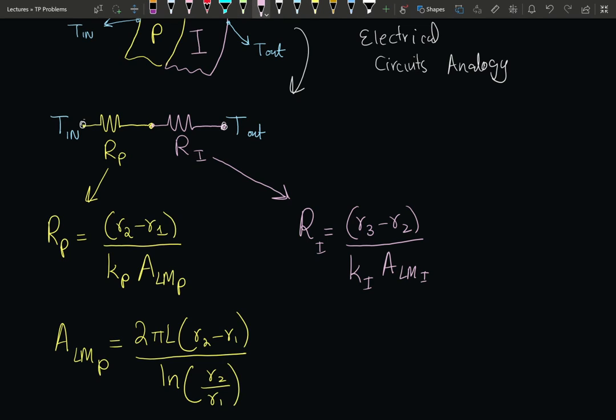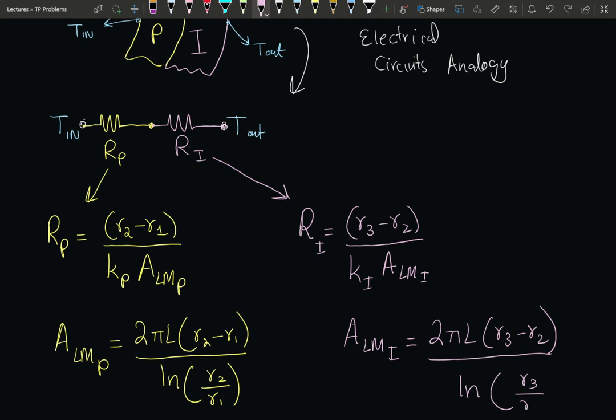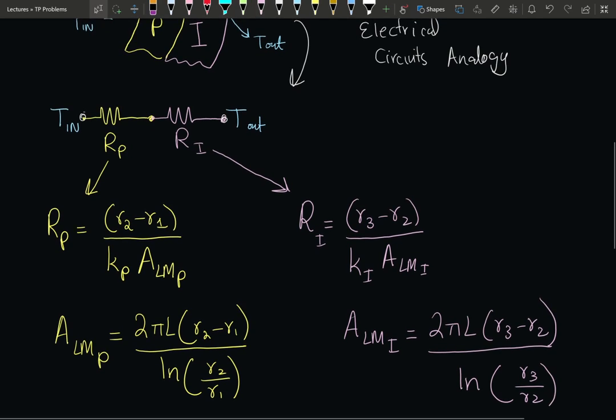And the log mean area associated with the insulation is going to be 2 pi L multiplied by R3 minus R2, all of that divided by the natural log of R3 over R2. In the previous video we derived the expressions for log mean area. Now we're just applying them.